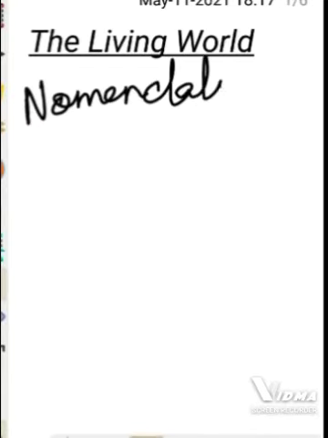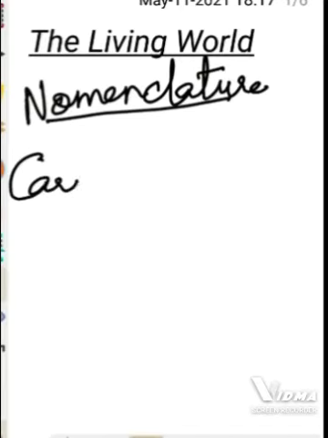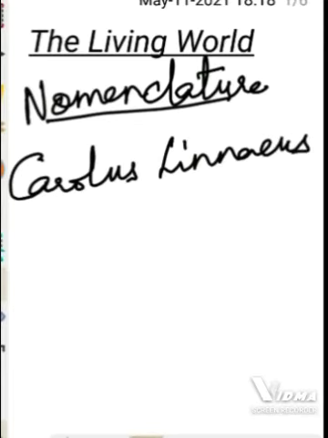these organisms. The system of naming the organism is called nomenclature. And this was first developed by the scientist Carolus Linnaeus. He was the first one to start naming the organisms. His full name is Carolus von Linnaeus, but Carolus Linnaeus is just fine.